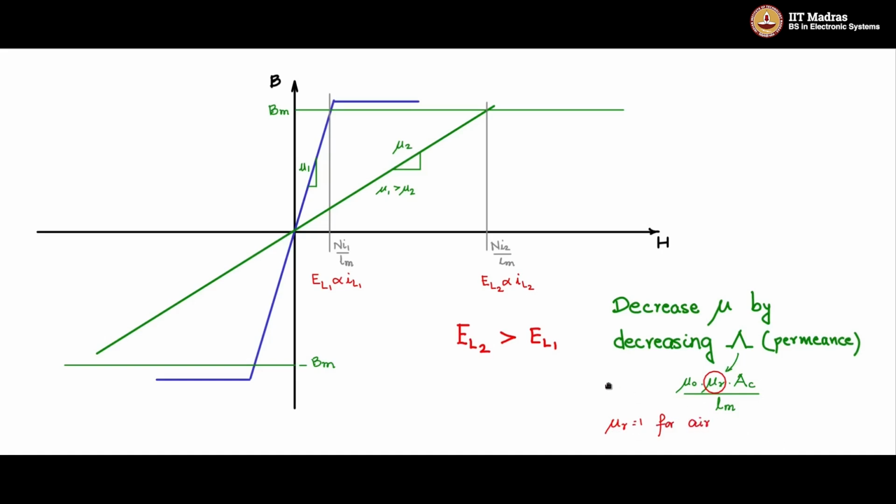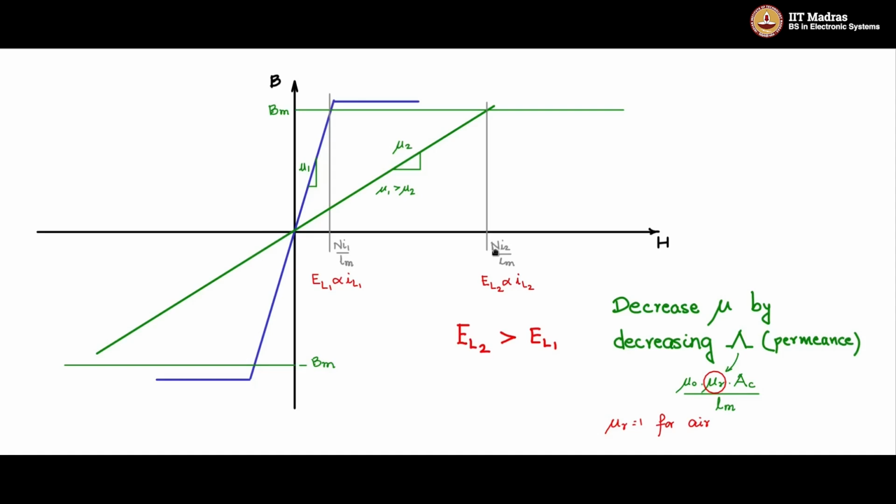So if you start introducing air gaps, then my relative permeability value will start coming down for the same core, and the effective permeability mu naught into mu r will start reducing and the slope decreases. And as the slope decreases, the intercept at the BM, maximum operating flux density, will move further away into the x-axis, and the core will be able to handle higher currents, and therefore the inductor is capable of storing higher energy.